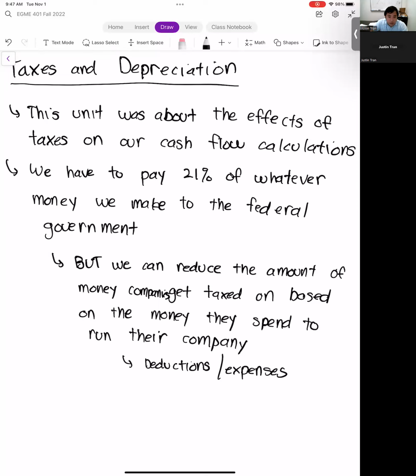What the government basically says is that any money that you spend to actually run your business, to operate your business, whether that be money that you pay out in labor to pay your employees, money that you pay for materials, or, more complicated, the money that you pay for large capital expenditures, you can deduct that from your taxes.